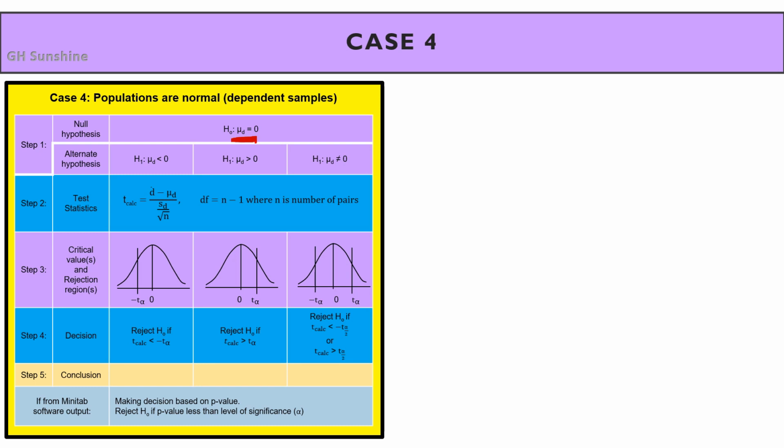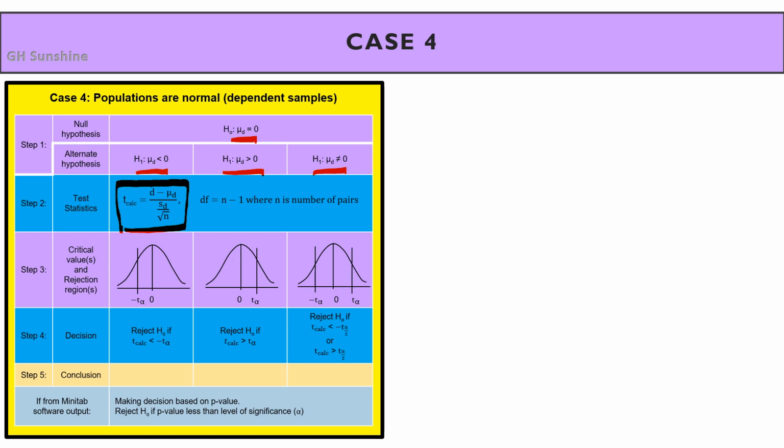And then H1 has 3 types: either mu D less than 0, mu D greater than 0, or mu D does not equal 0. For the test statistic, we will use this formula, whereby degree of freedom equals n minus 1. N is the number of pairs.